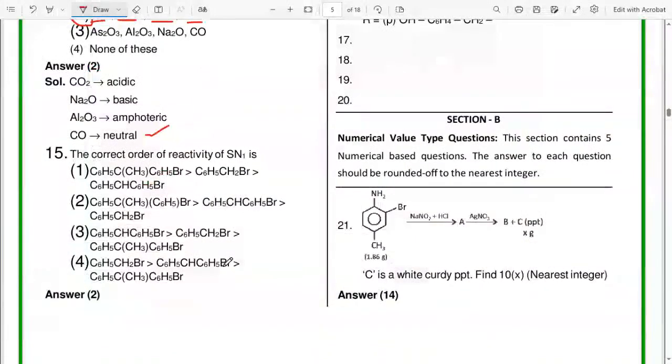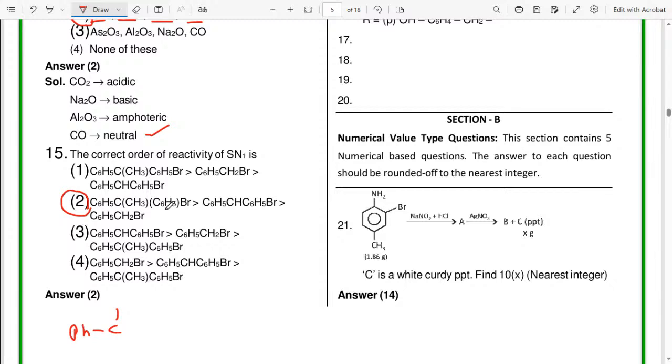Next, question number 15. The correct order of reactivity of nucleophilic substitution is, so here it is, what is this? Yes, isopropyl benzene, bromobenzene, greater than this, so bridged carbon, here it should be like this. So benzyl bromide, this is right, no. So this is what it is, methyl is given like this, this is CH3, this is phenyl, right?